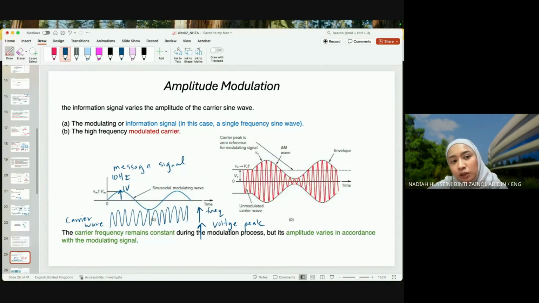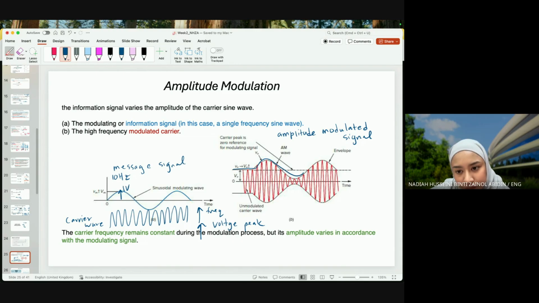Now that we know the condition for these two waves, what happens when we modulate them together? We will get an amplitude modulated signal, which looks like this. If you observe, the amplitude modulated signal follows the same shape as your message.